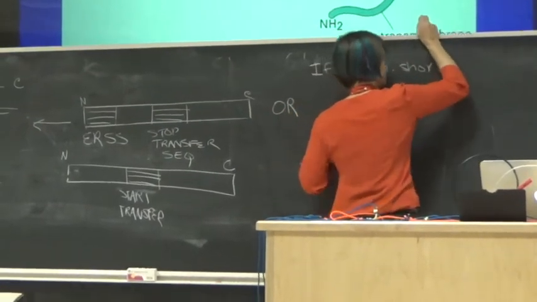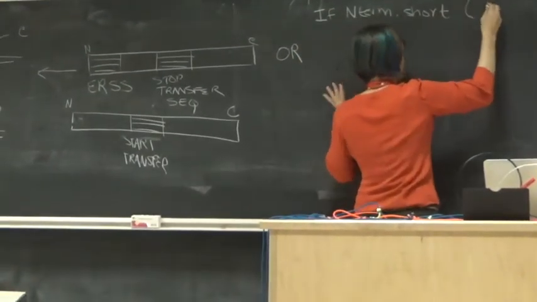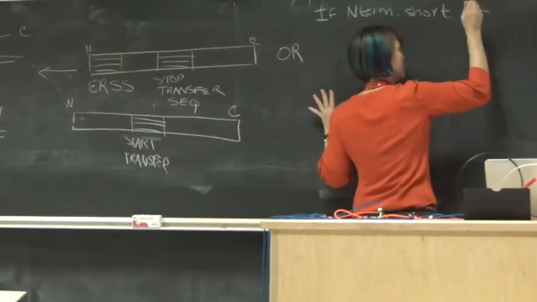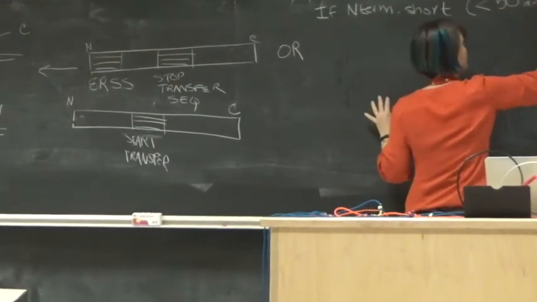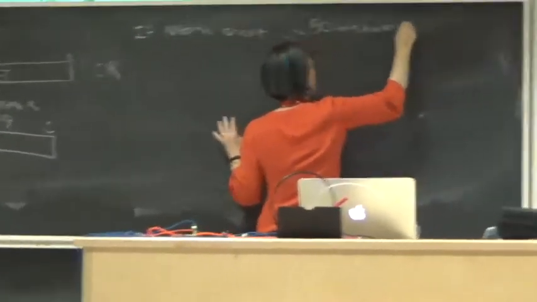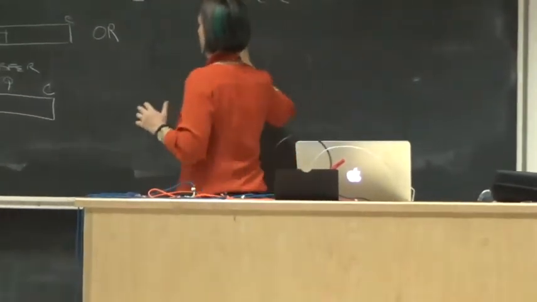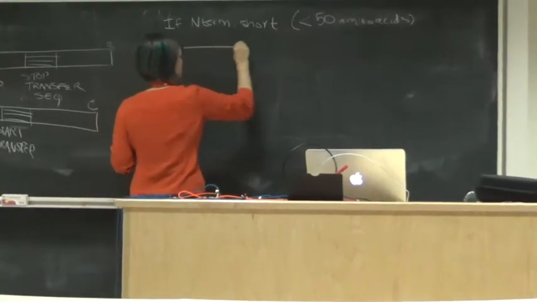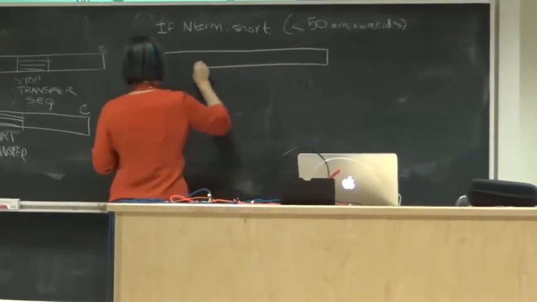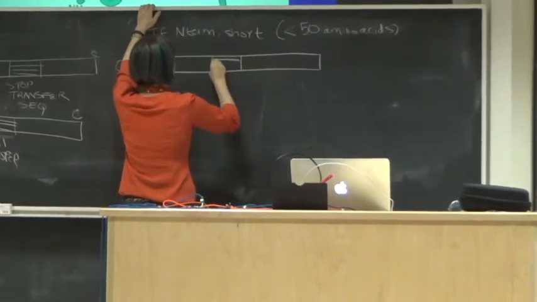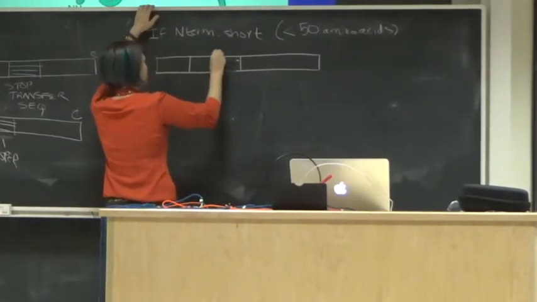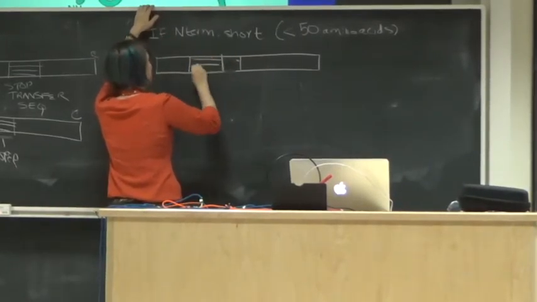If the N terminus is short, and we're going to say just for the purpose of this course, because people like numbers, less than 50 amino acids, then another way to do it would be to have right here, let's move this up so that looks relatively short right here.